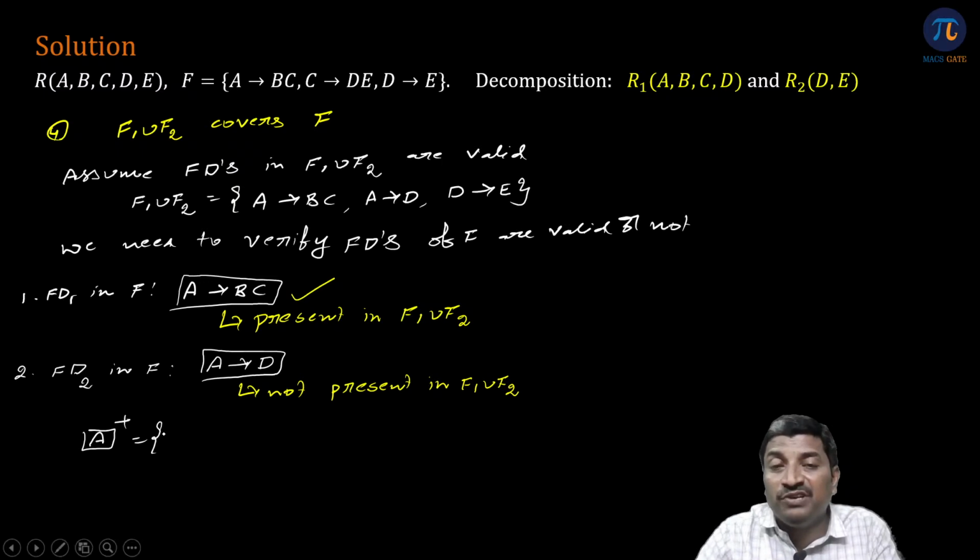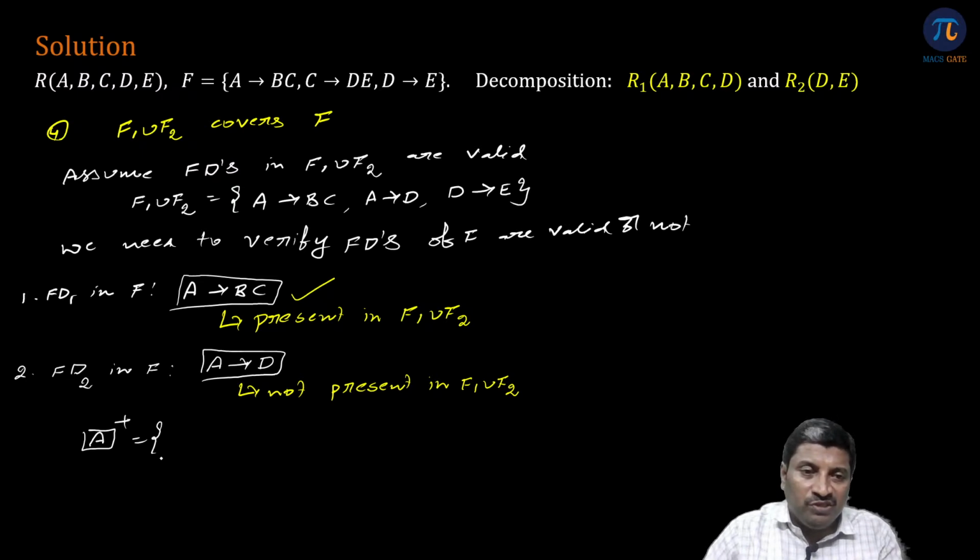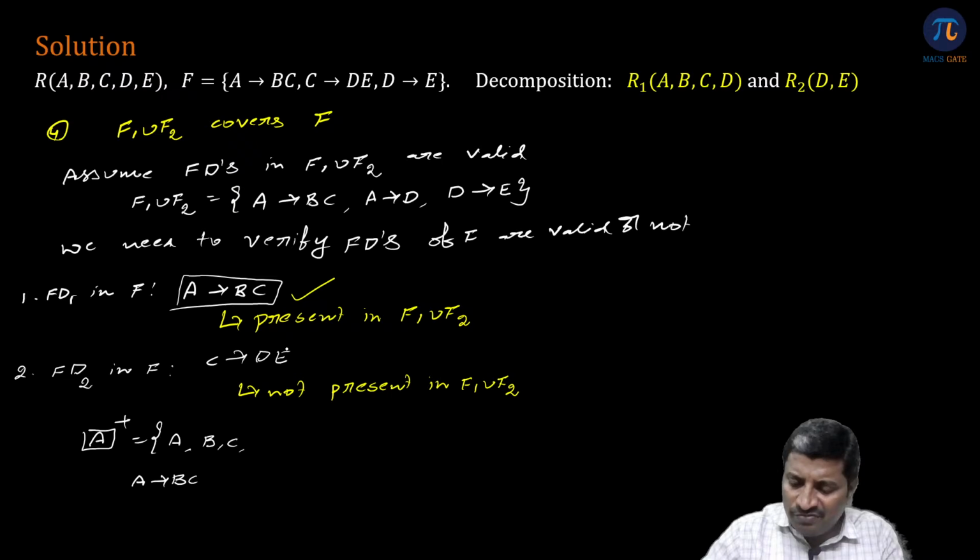This is the main step we need to keep in mind. When we find the closure, we need to use the FDs of F1 union F2 only. So with A, I can get A. I have a dependency A implies BC in the union, so I can get B, C. Sorry, actually we did something wrong. What is the second FD in F? That is C implies D. I'm sorry for it.